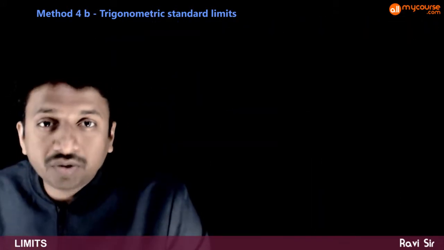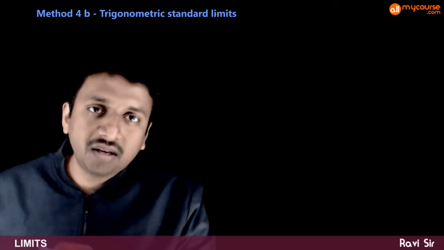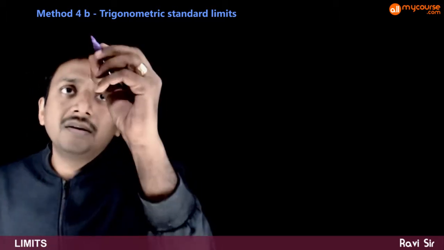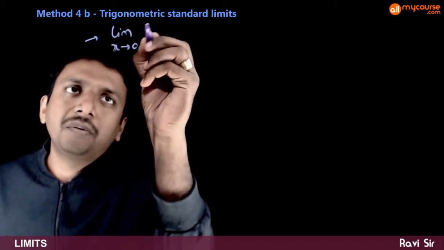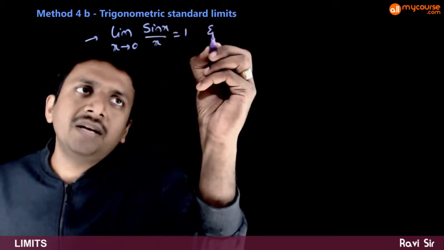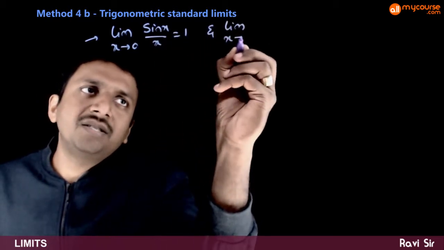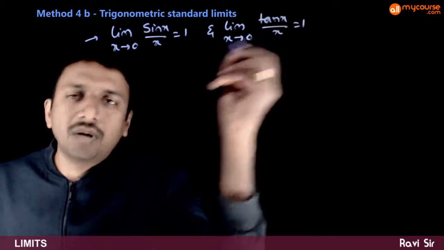So with respect to trigonometric standard limits, there is one more very important thing which you need to keep in mind. We know that limit x tends to 0, sin x by x is equal to 1, and limit x tends to 0, tan x by x is equal to 1.